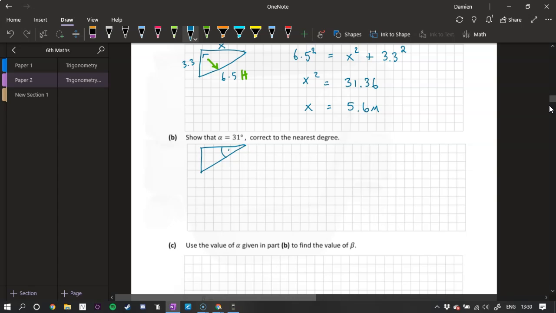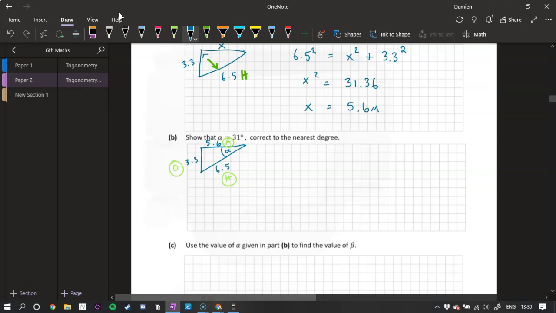This one here, we don't know. This is alpha. And then we have a couple of other sides: 3.3, 6.5, and x. So what we'll do is label each of the sides working off the angle alpha. This is the opposite, this is the hypotenuse, and this is the adjacent. We've already figured out what x is, so we can put x in as 5.6.